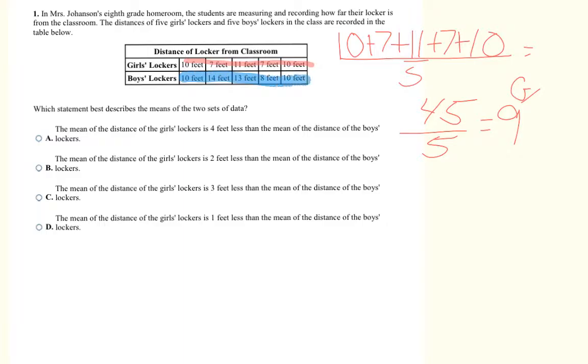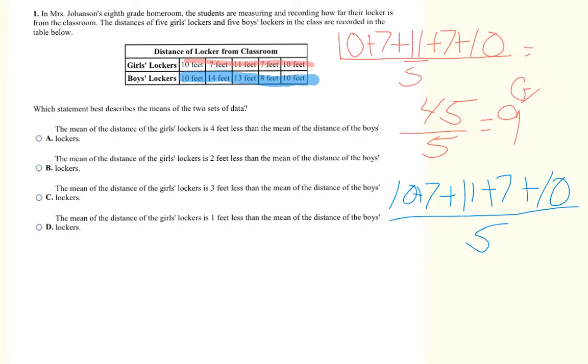The boys, I'm going to be adding up these 5 numbers, which is 10 plus 7 plus 11 plus 7 plus 10. And there's 5 numbers there too, so I'm going to be dividing that by 5. The sum of those 5 numbers is 55. 55 divided by 5 is 11, so the mean of the boys is 11.